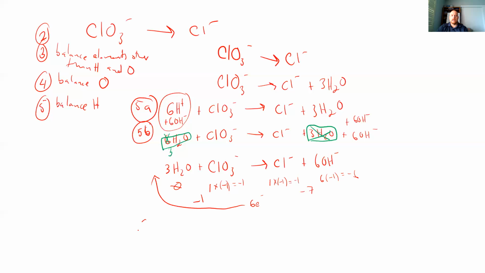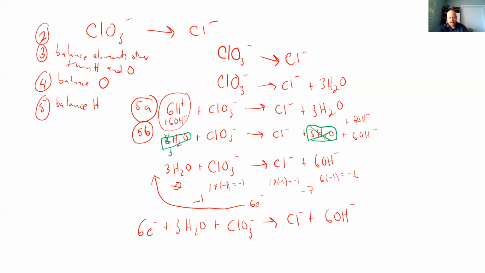So here I should have 6 electrons plus 3 water plus chlorate react to form chloride plus 6 hydroxides. And so that should be my balanced half reaction for the reduction half reaction.